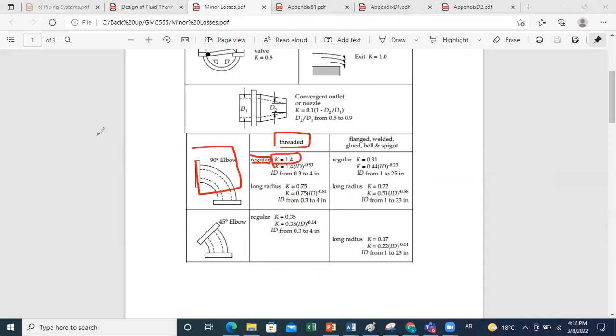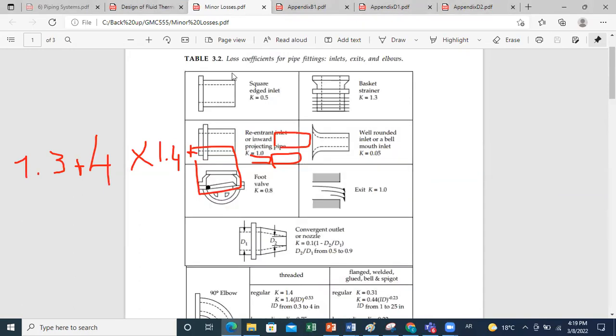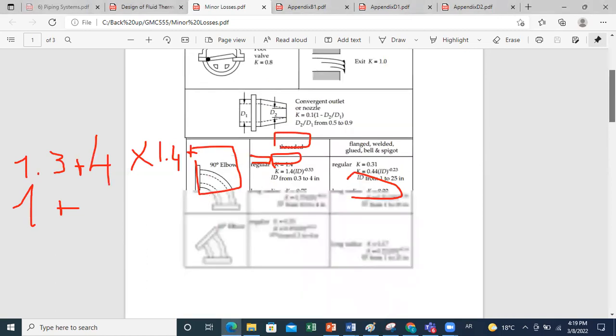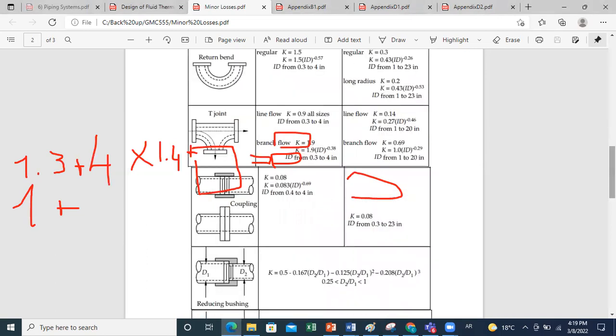So since I have 4 elbows, I do 4 times 1.4, plus for the basket strainer, it's 1.3. We have also a globe valve in this problem and an exit. The exit, as we said, is a normal exit. And from the figure here, you can say that for a normal exit, K is 1. And for your globe valve, if you check with valves, okay, down.